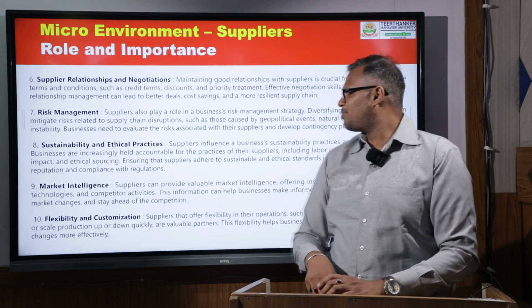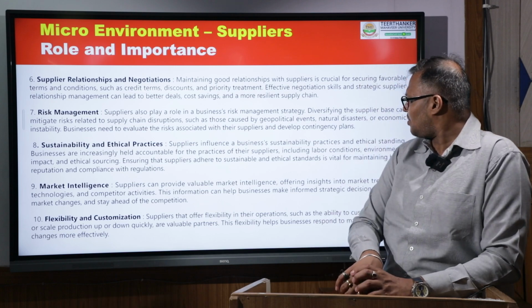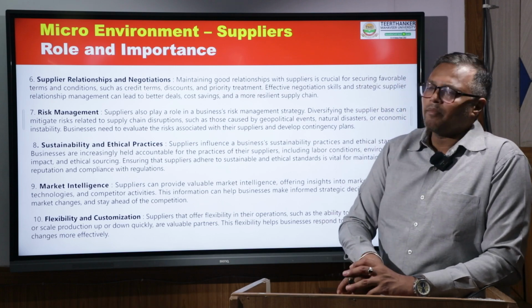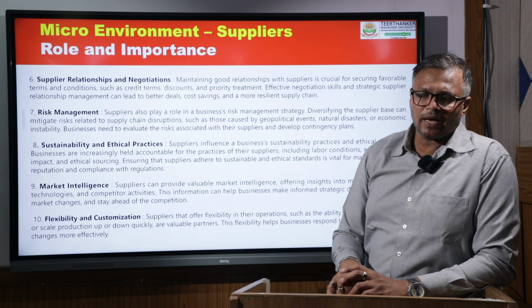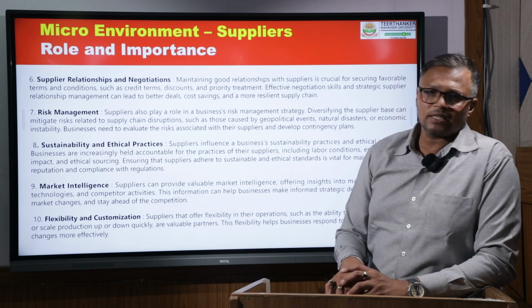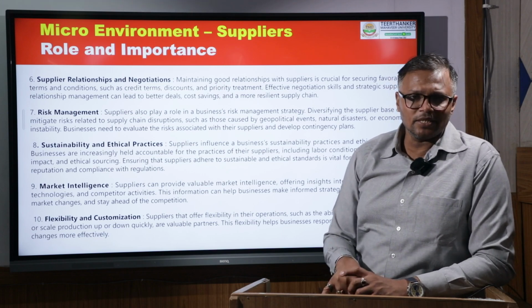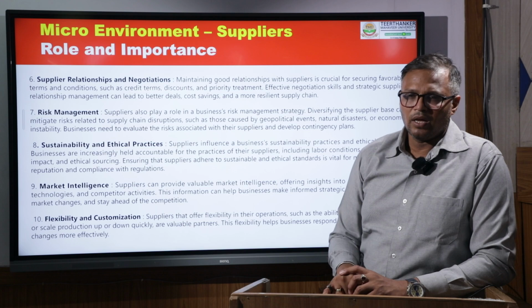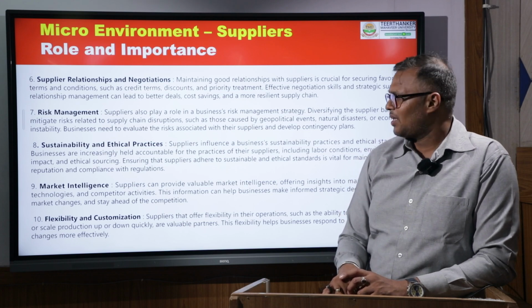So market intelligence represents that suppliers can provide valuable information about market insights by using various technologies, by analyzing various competitor activities, or also by suggesting various market changes which can lead the businesses very strongly and help the organization to stay connected and stay ahead.